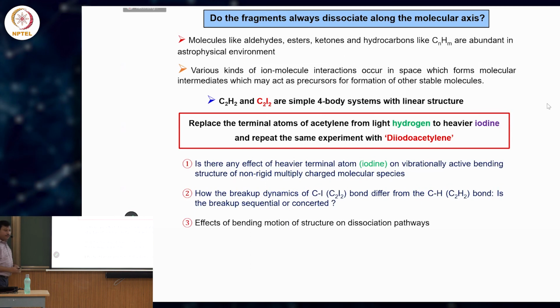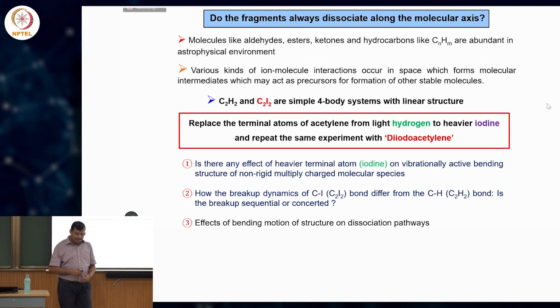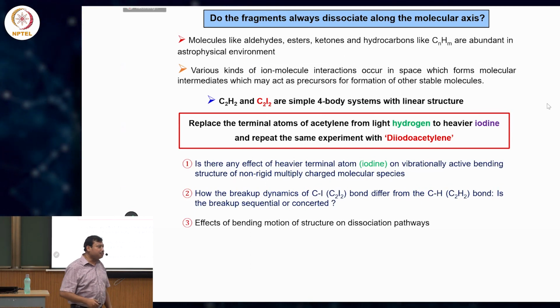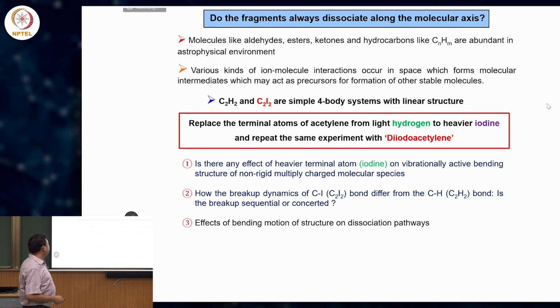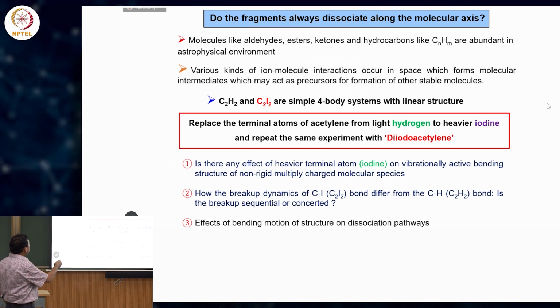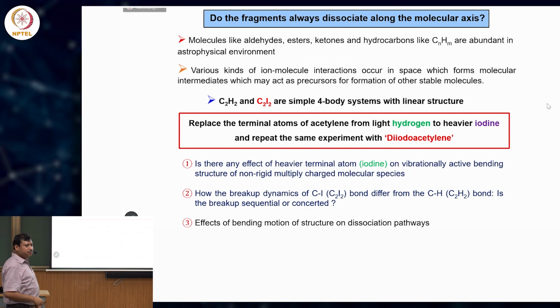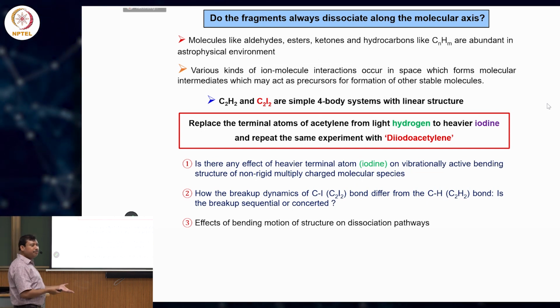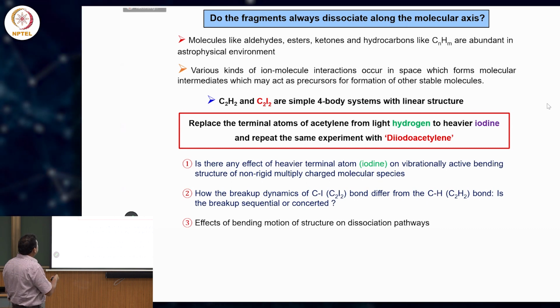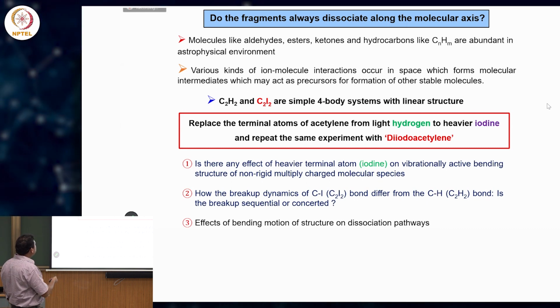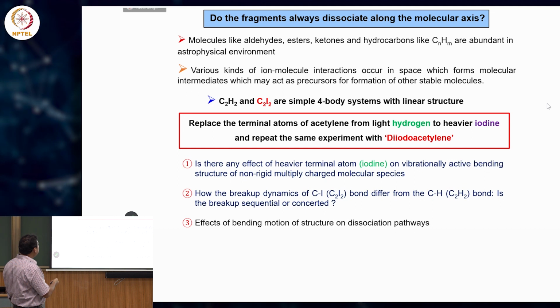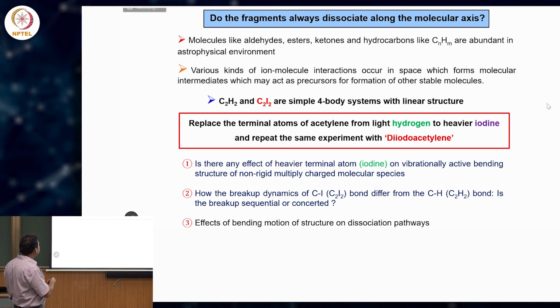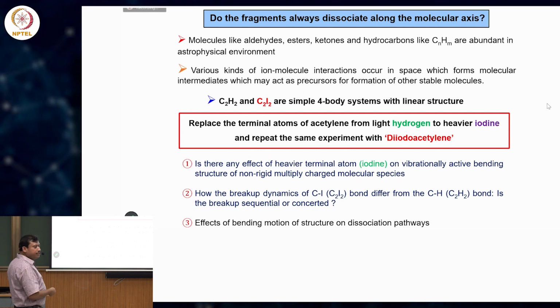Now let me give you a different case, where whatever I have told you got mashed up. Do fragments always dissociate along the molecular axis? This was the question. Now I come to the research part, and I tell you what real-life situation happens. Does a linear molecule always, say like there are many hydrocarbons, say C2H2 and C2I2, which are simple four-body systems.